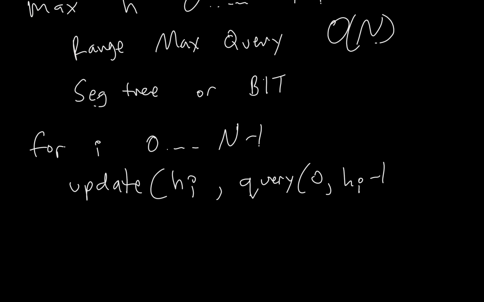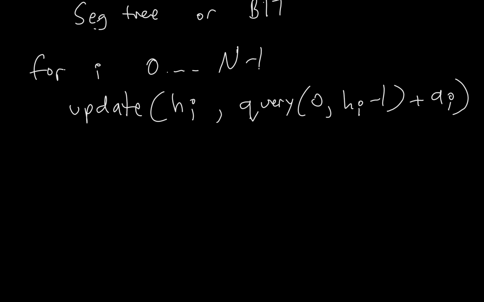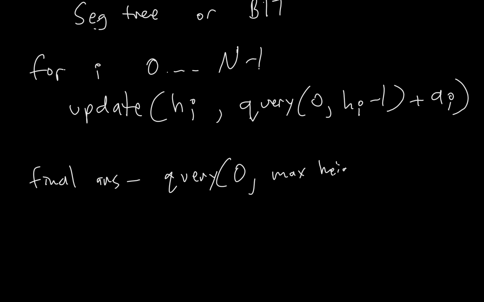So you'd query, give me the dp for all heights less than h_i, and then you would add the beauty a_i. This is especially simple because the heights are distinct, so instead of having a separate DP array, you could just update it directly into the BIT. And then the final answer would just be the query of 0 to the max height. And that's your final solution.